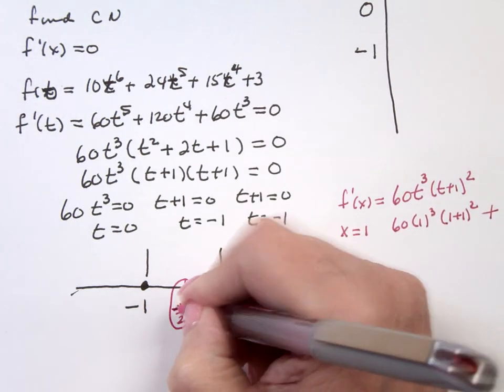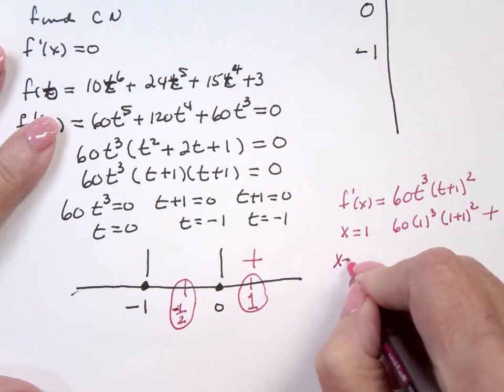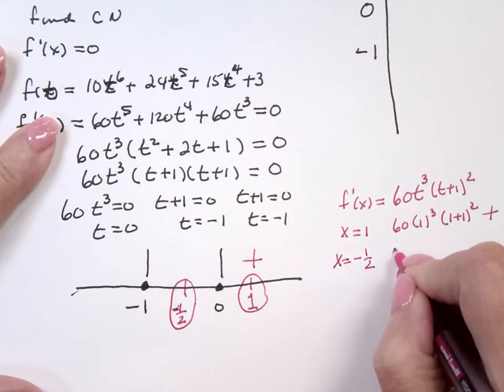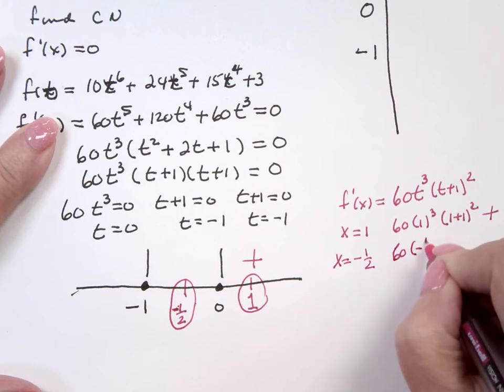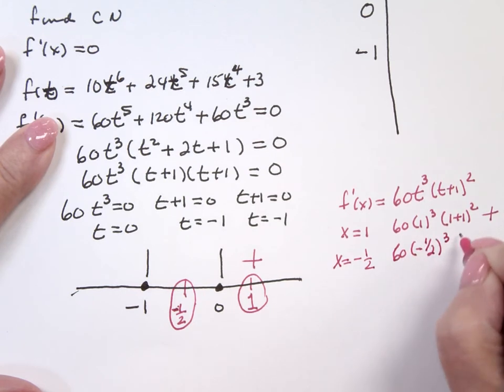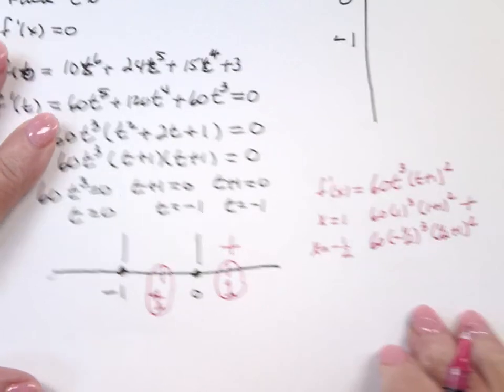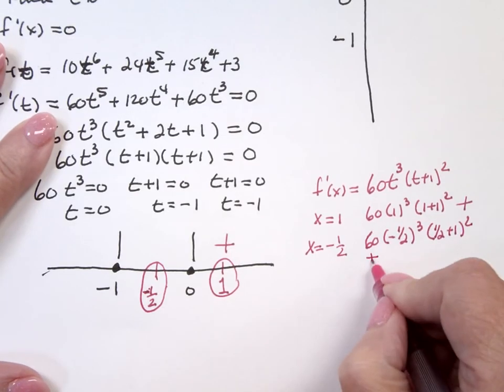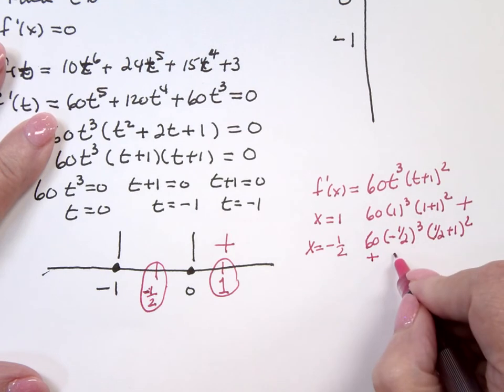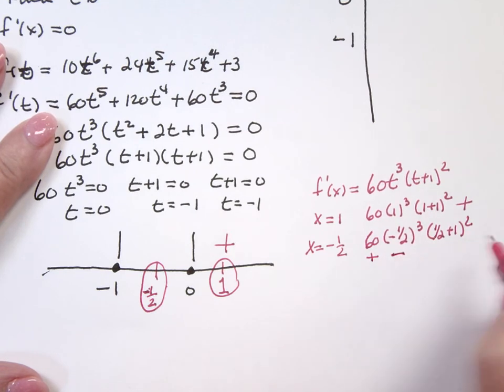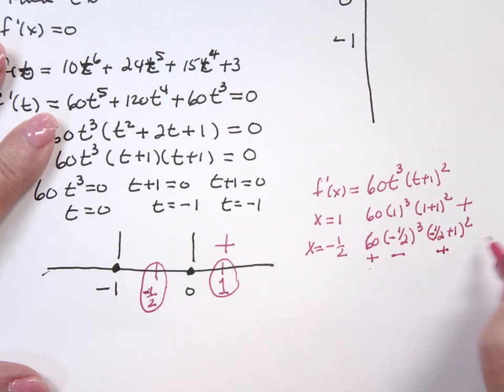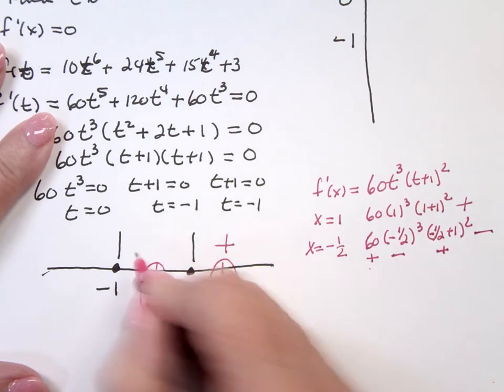Negative 1/2. So x equals negative 1/2. This is 60 times negative 1/2 cubed times negative 1/2 plus 1 squared. Positive, negative 1/2 cubed is negative, negative 1/2 plus 1 squared is positive. Positive, negative, positive is negative.